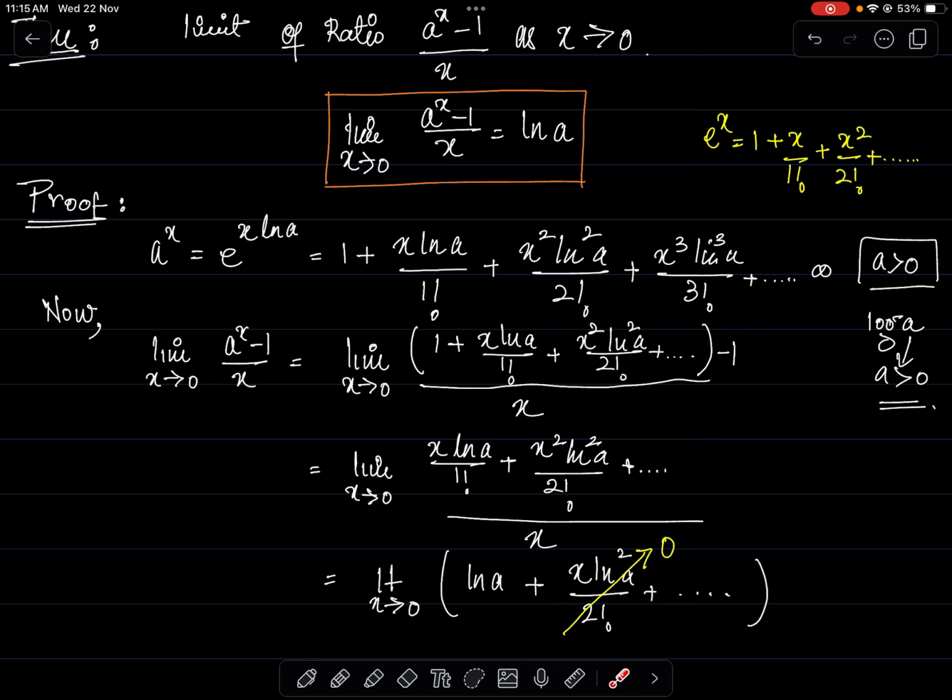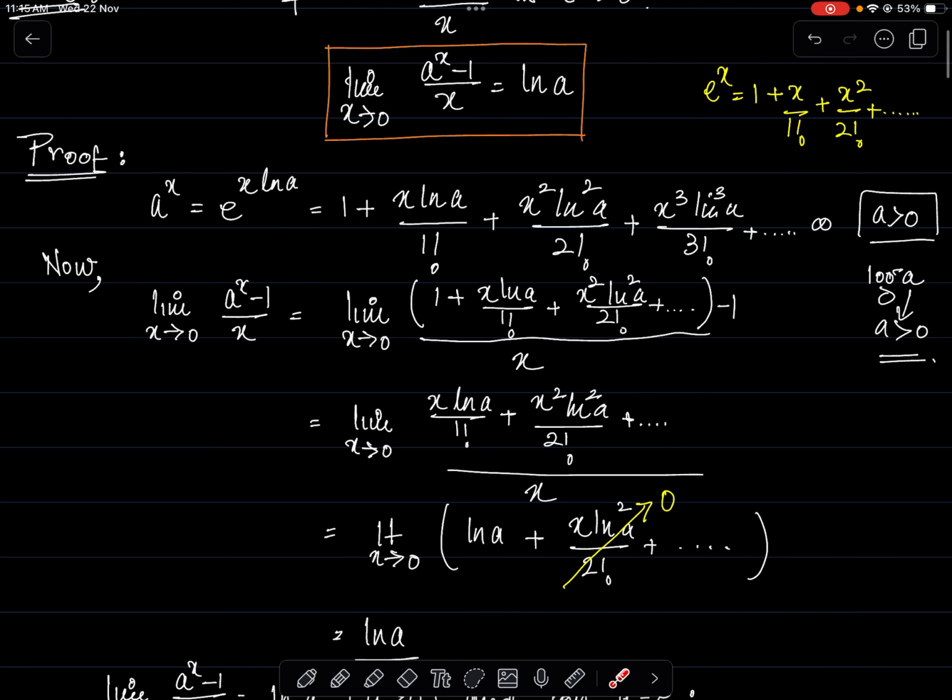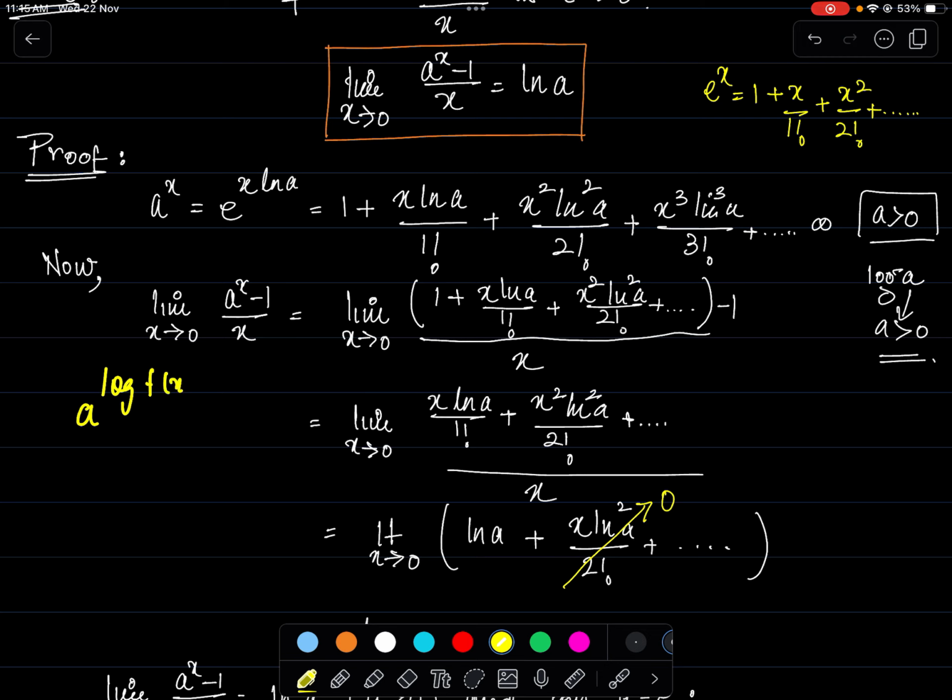Now, before proceeding to that, let me prove how we get that. So a to the power x can be written as e to the power x ln a. The reason being, we know that a to the power log of f of x with base a is f of x.